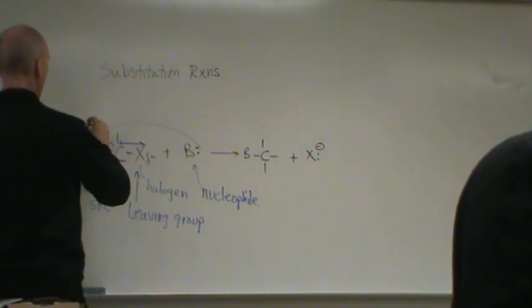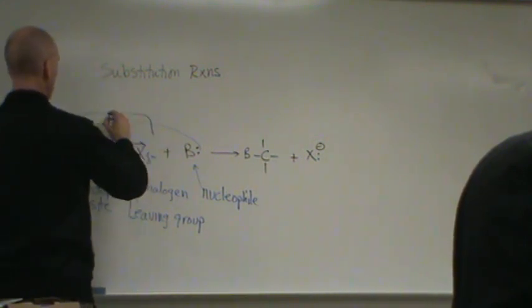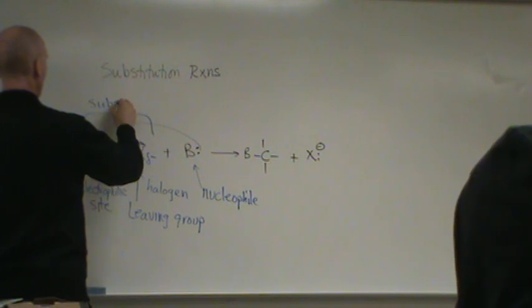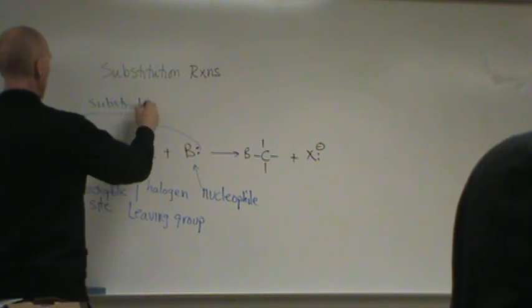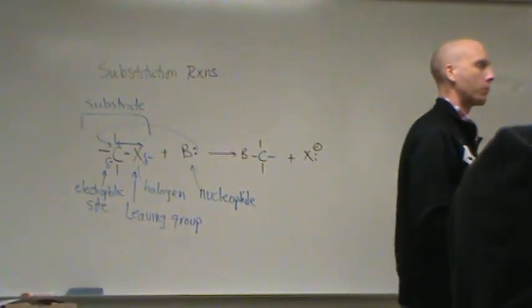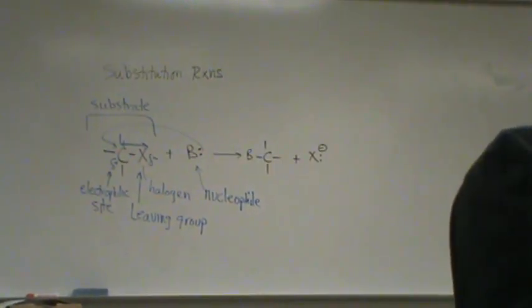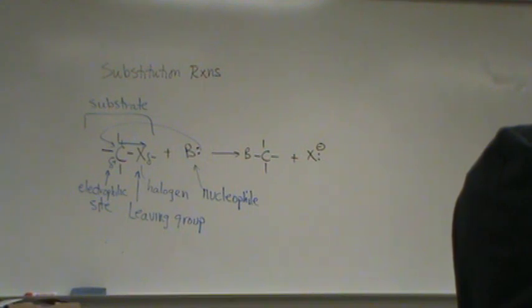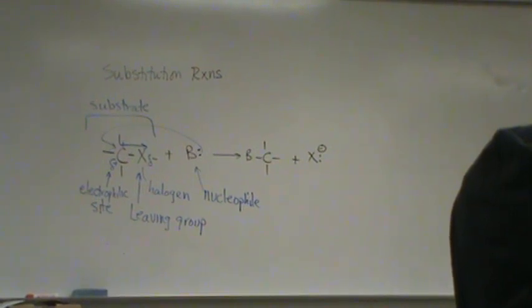This whole molecule is what we call the substrate. The substrate is where the reaction is performed. And you have different parts of the substrate, the electrophilic site and the leaving group.